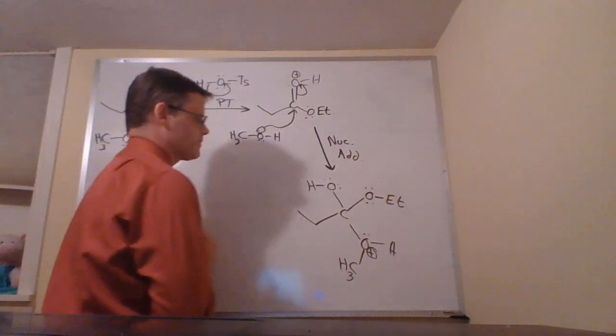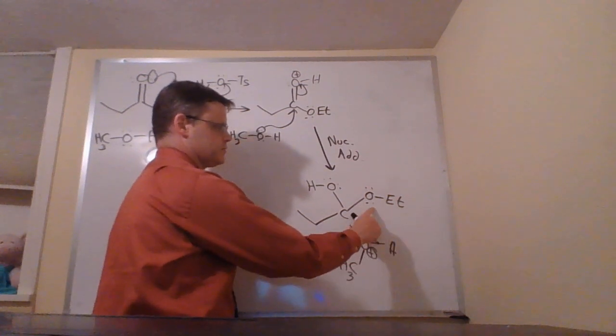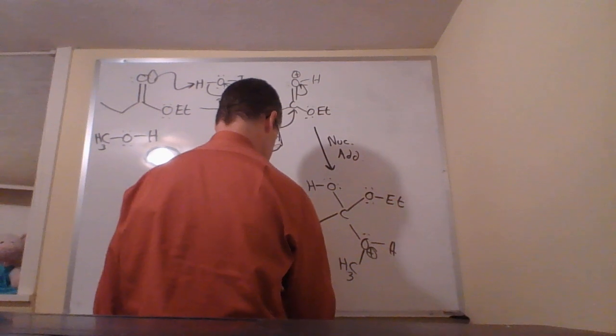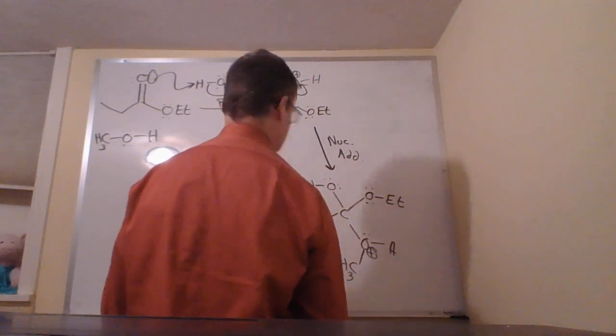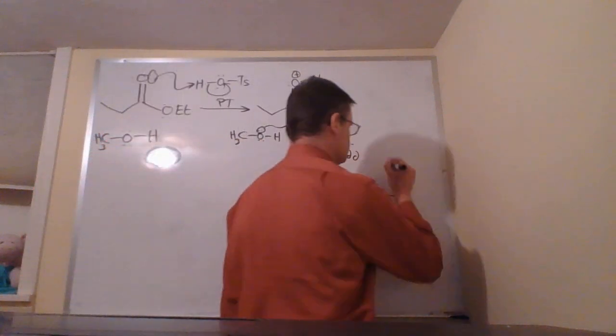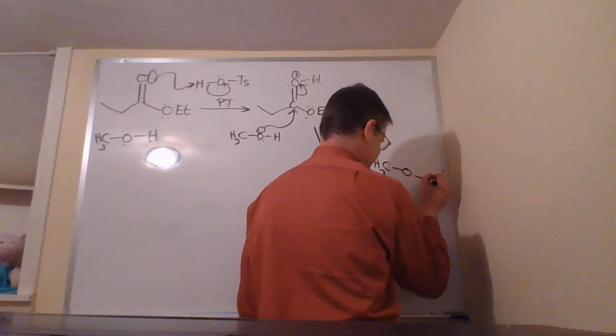So we want to transfer this proton over to our leaving group, and we're going to do that in 2 steps. I'm going to do a proton transfer. This methanol is probably a solvent, so we've got a lot of it sitting around.